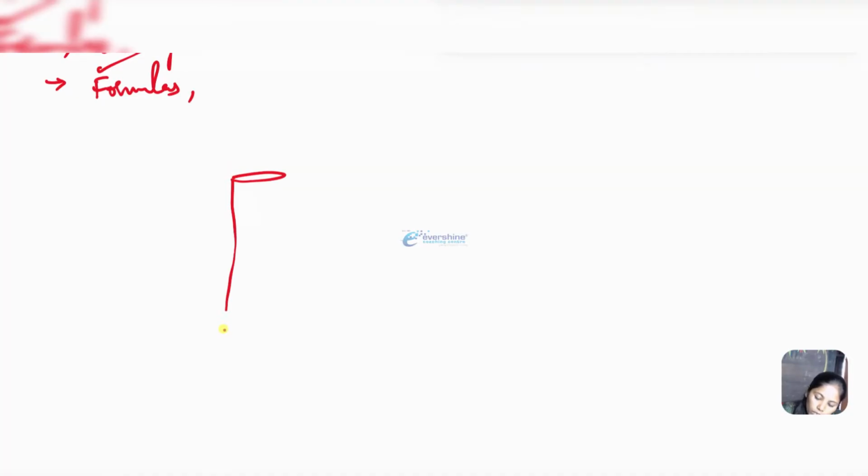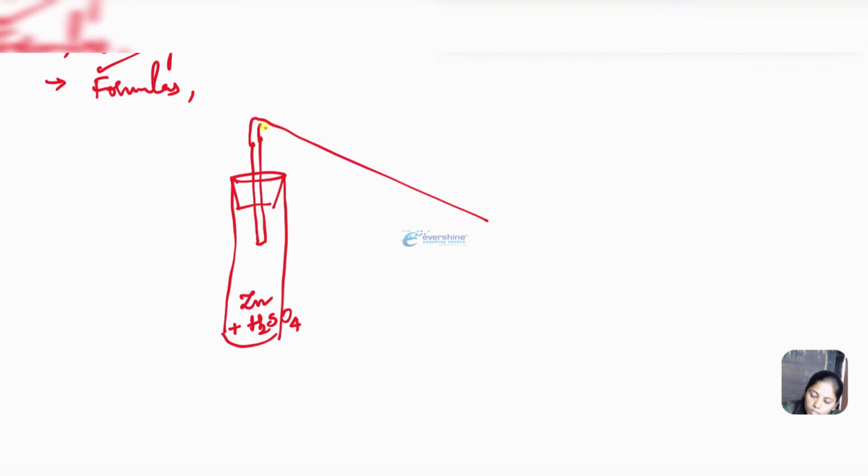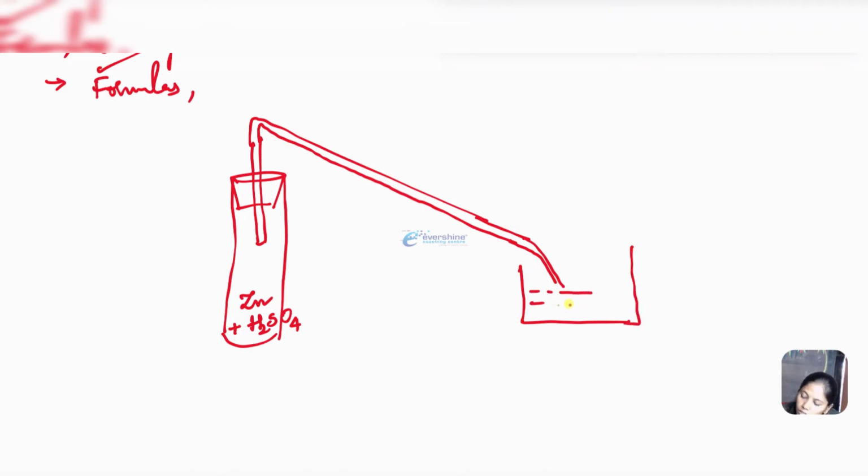Take a test tube. Inside the test tube we should take some zinc granules and dilute H2SO4 and close the test tube with a rubber cork. Insert a glass tube into it. This is called the delivery tube, and this delivery tube should be kept inside the beaker containing the soap solution.